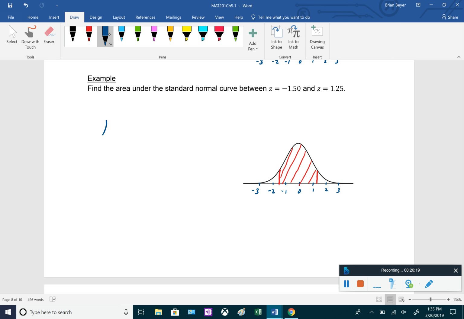So the area between them is the area left of 1.25. So look at the table, we should get 0.8944, minus the area to the left of negative 1.5, which would give us 0.0668. We subtract those, that gives us an area of 0.8276.